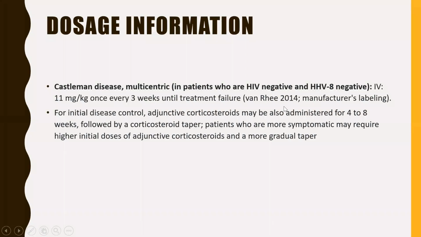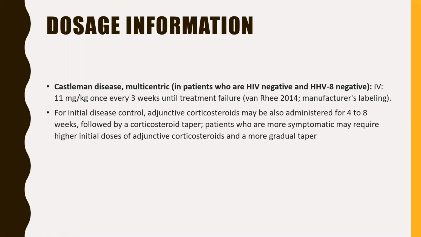So dosage information for Siltuximab, Sylvant. For Castleman's disease, 11 milligrams per kilogram once every 3 weeks until treatment failure. For initial disease control, adjunctive corticosteroids may also be administered for 4 to 8 weeks, followed by a corticosteroid taper.